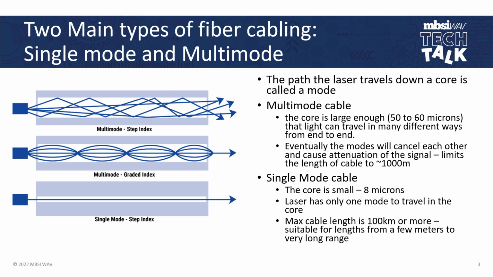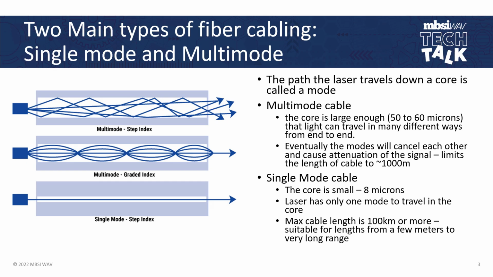So typically for multi-mode cable, 1,000 meters is the maximum. More typically, devices will have a specification limit of 1,000 feet, like 300 meters, and that's pretty normal, and they're normally orange in color.